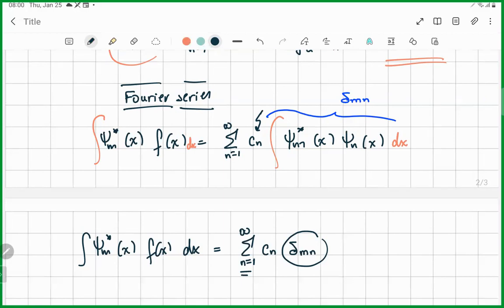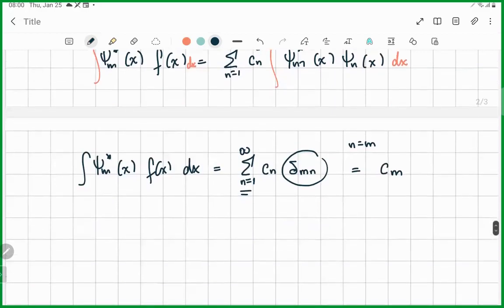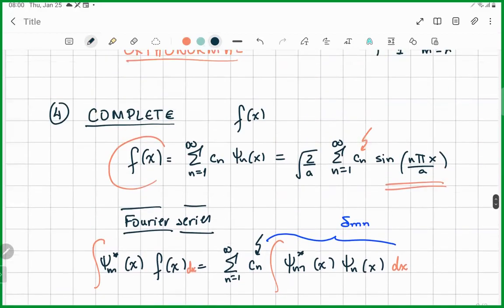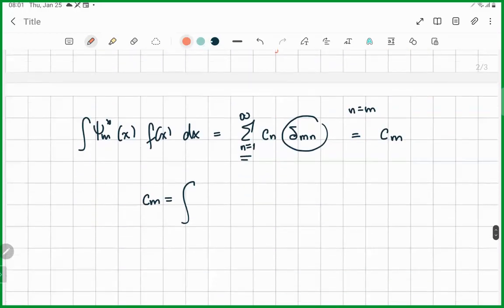So the only thing that survives here is when n is equal to m. So the only thing that survives from this sum is the Cm. All that to say that those Cm's, those coefficients that we have here, can be obtained by solving this integral.